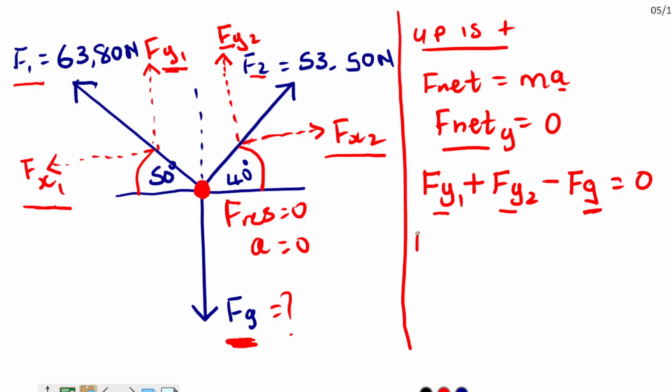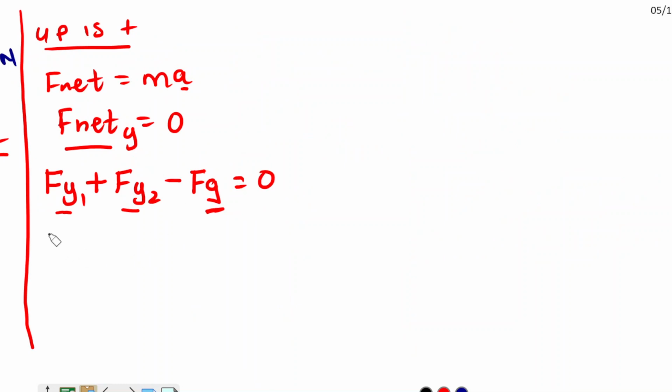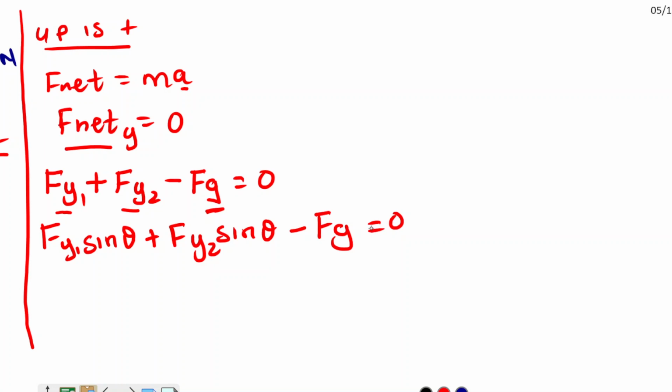The formula that we use is Fy1 sine theta plus Fy2 sine theta minus Fg equals 0. Let's repeat again: F1 sine theta plus F2 sine theta minus Fg equals 0.